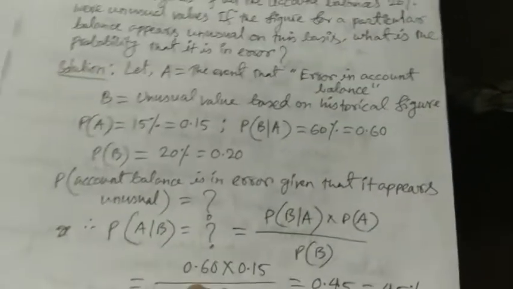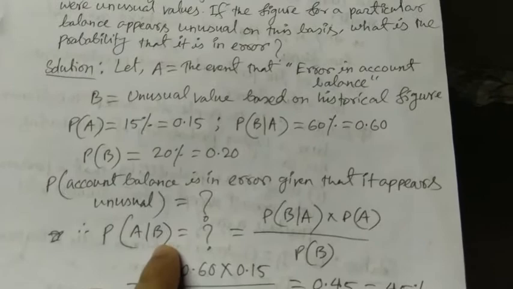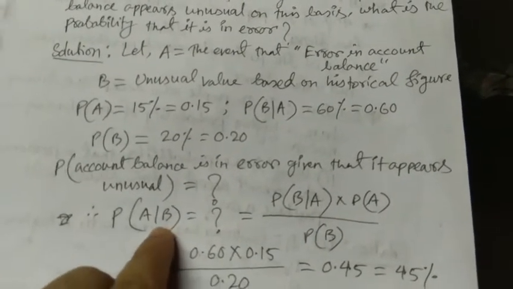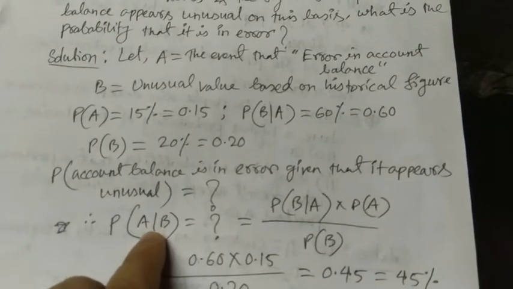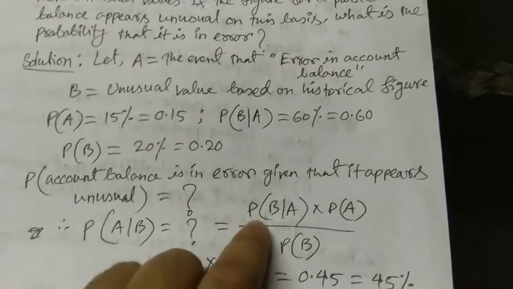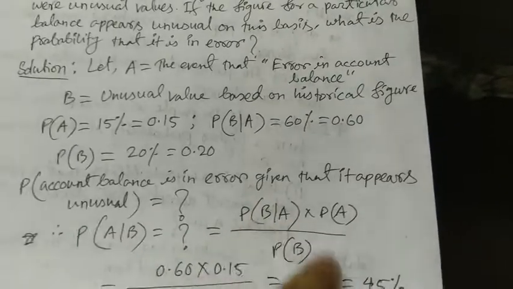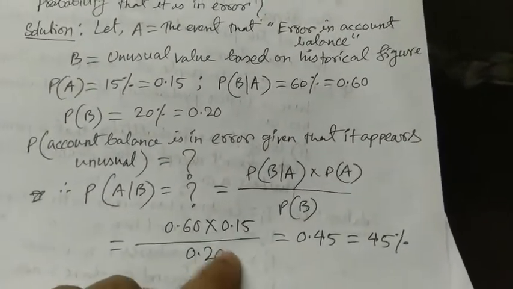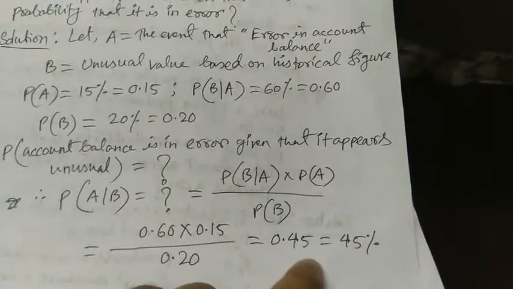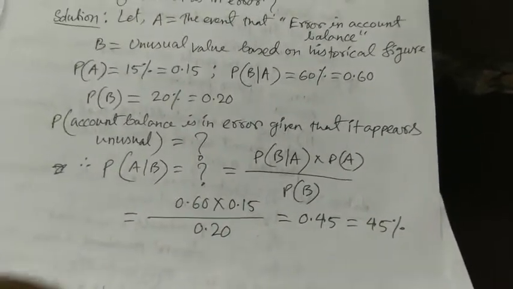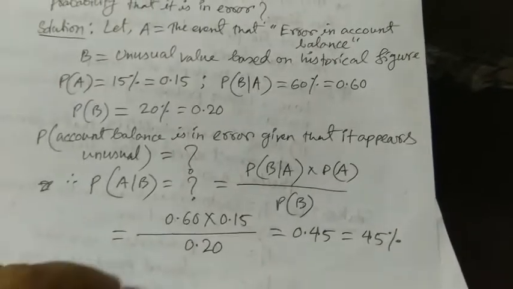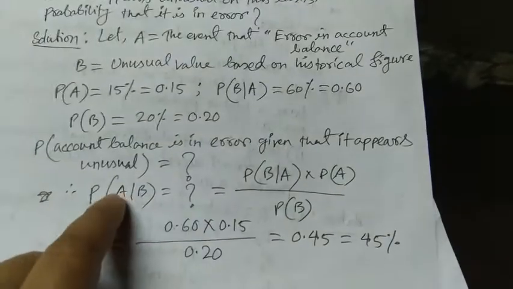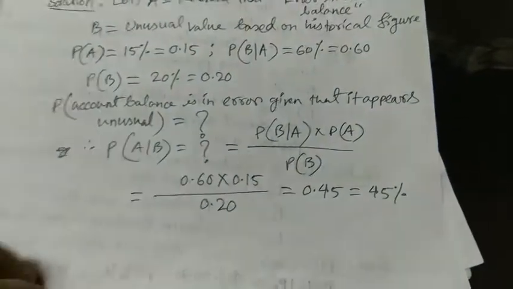If you have the reverse conditional probability, you can use this formula to find it. If we put the values in and calculate, we get 45%. That means the probability of the account balance being in error given that it appears unusual is 45%.